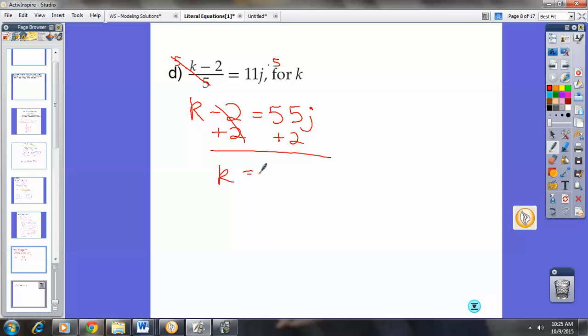Right, the variables are not like terms, so we'll just write that as 55J plus 2.